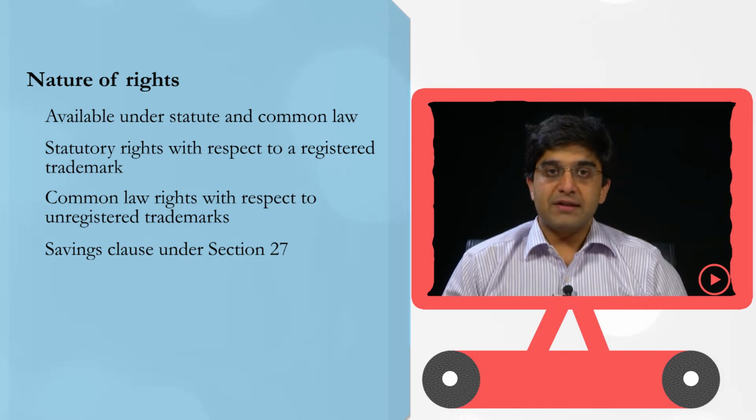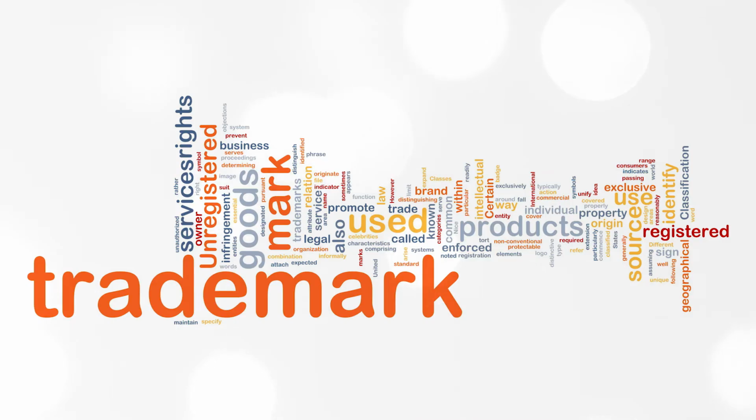If a person is able to obtain a registration for a trademark, he is entitled to two rights under the Act. The one is the right to use the trademark in the course of trade, and the second is the right to obtain relief, that is, the right to stop others from using the trademark in the course of trade.